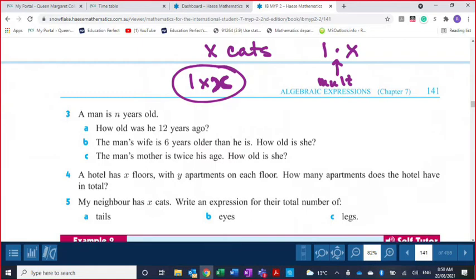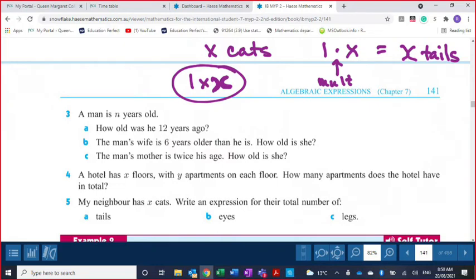So 1 times X, but if you multiply anything by 1, does that change the number? No. So you could just say X tails instead of 1 times X, because 1 times X is just X, right? Because anytime you multiply times 1, you get the same thing you started with.